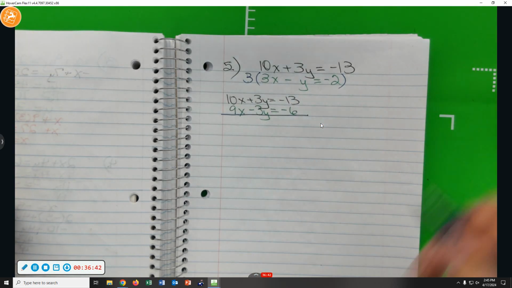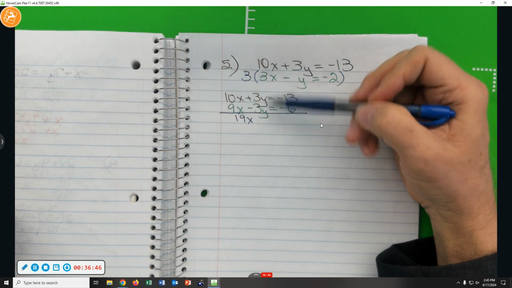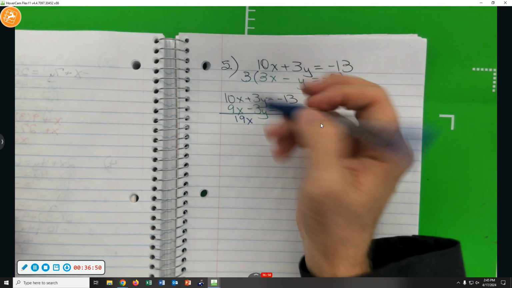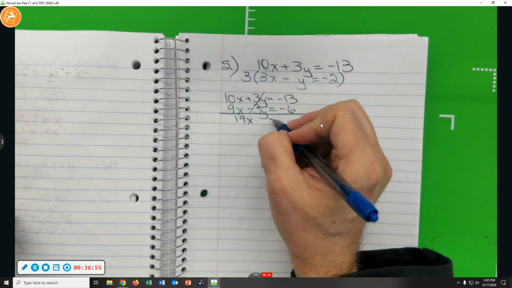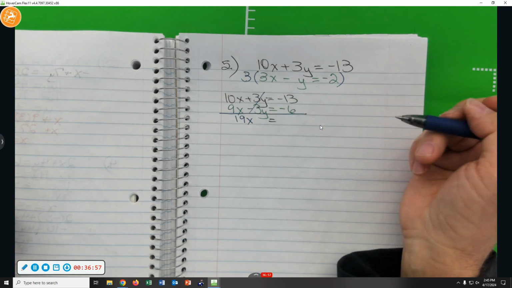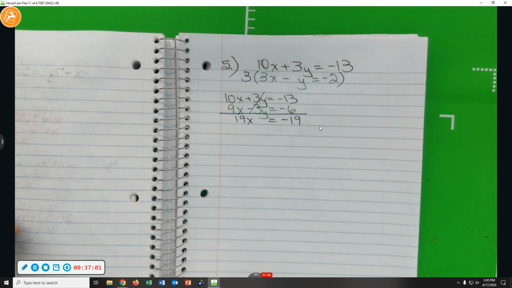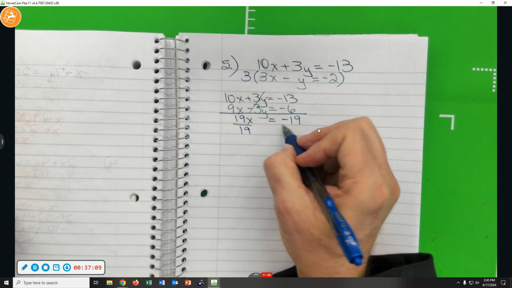10x plus 9x is 19x. What's about to happen to the y's? They're eliminated: 3y plus a negative 3y. Negative 13 plus negative 6 gives us a negative 19. There's only one thing to do to solve for x: divide by 19.